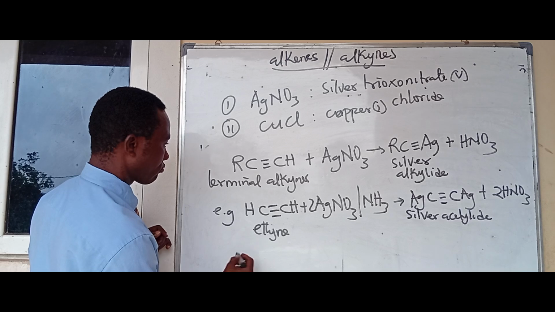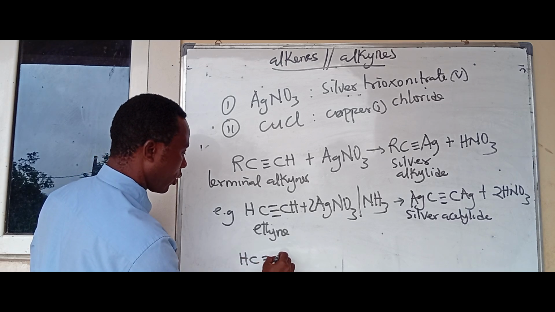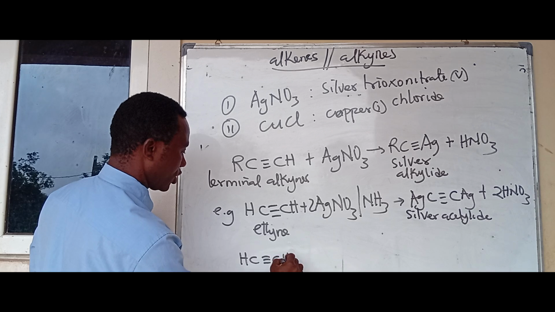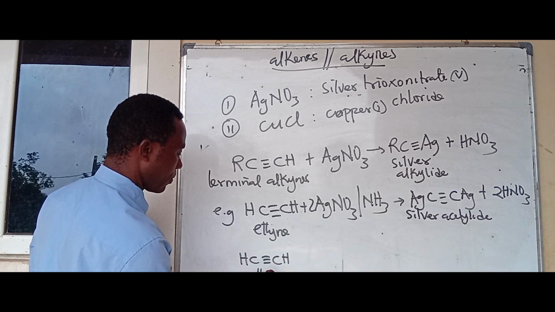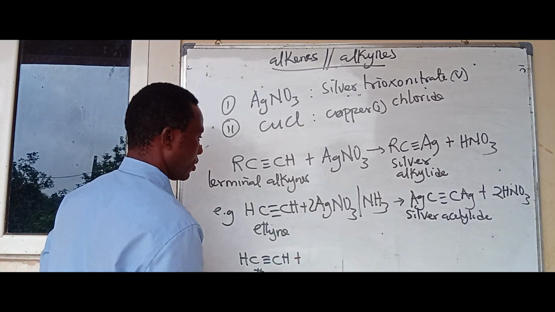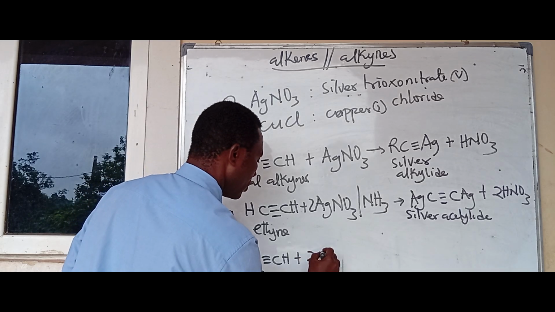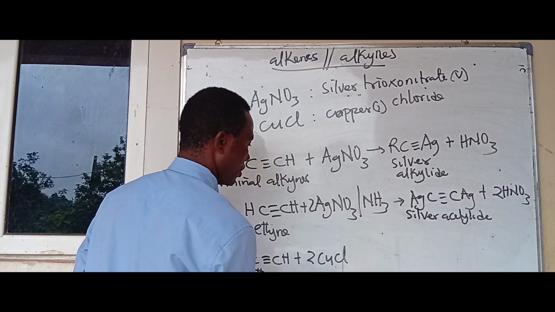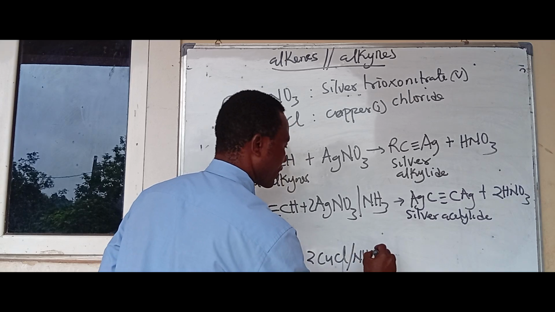Let's say we have HC≡CH, that is the ethyne, and we want to react it with copper(I) chloride, that is CuCl, in ammonia, aqueous ammonia.